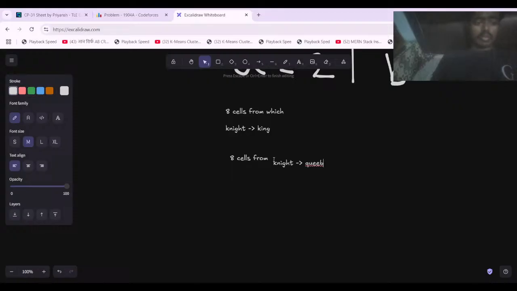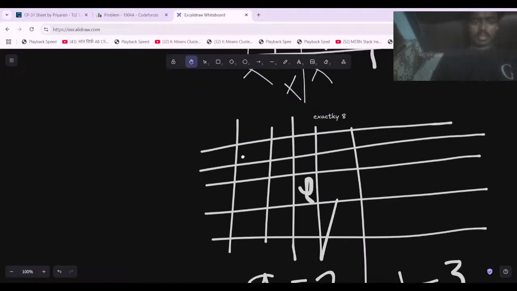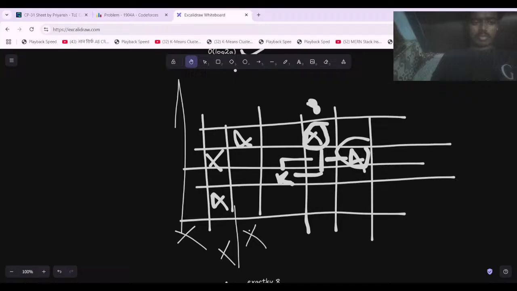Exactly 8 cells each. So can I not store them? I can store them, because standing from the king's perspective, all I need to do is take the directions: 3 moves in some direction, then 2 in the other direction.